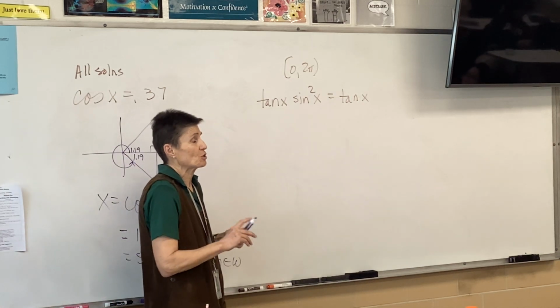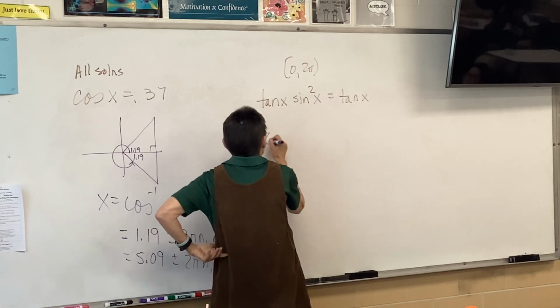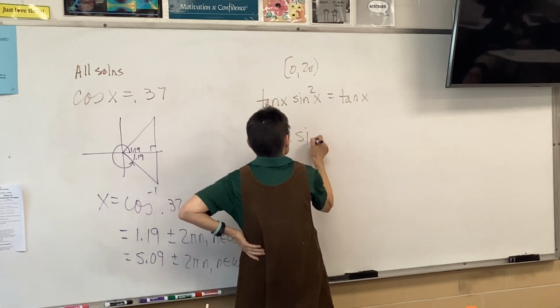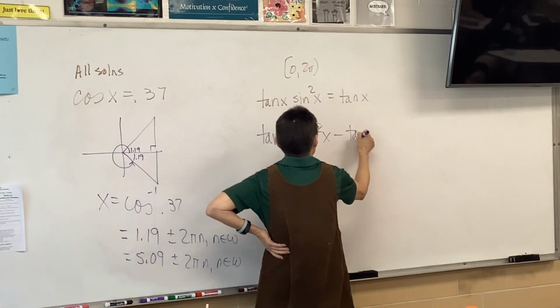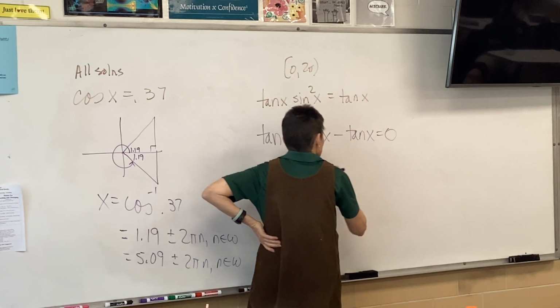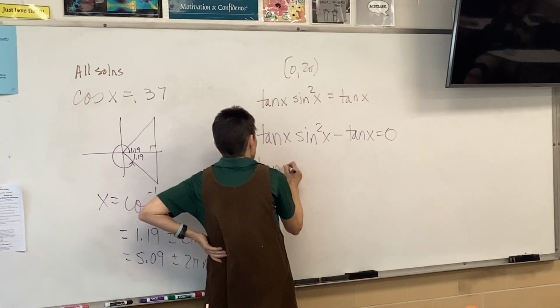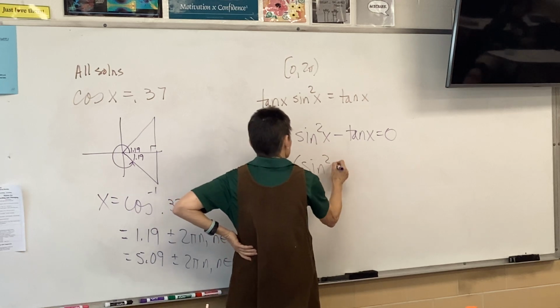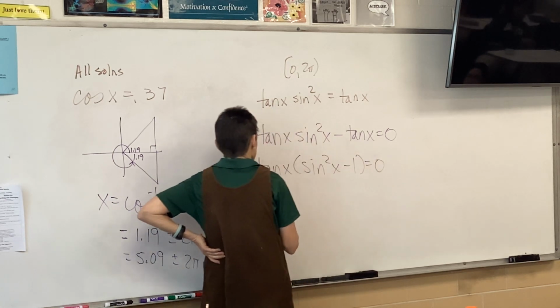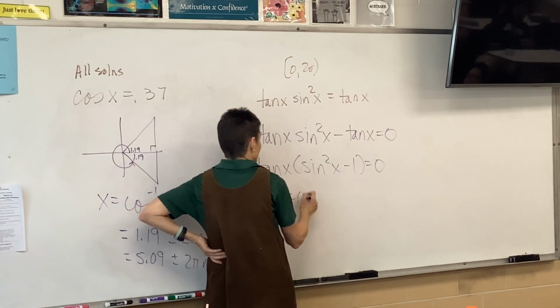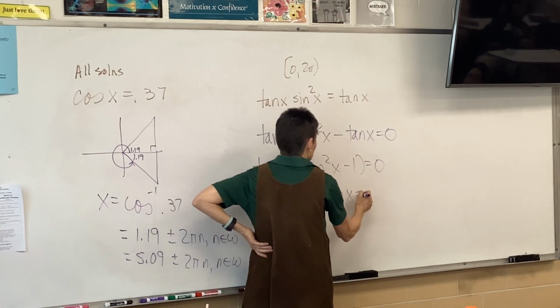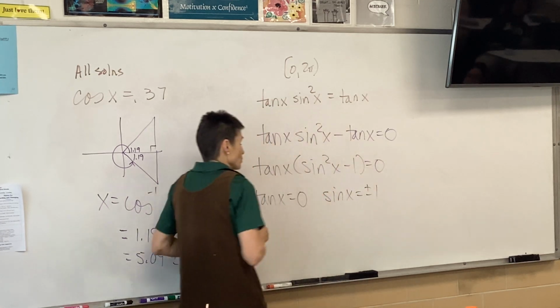Now this equation, we need to subtract the tangent because we're not allowed to divide. So we subtract the tangent, we factor it out. So tangent equals 0 or sine equals 1, plus or minus 1, because I have to square root it.